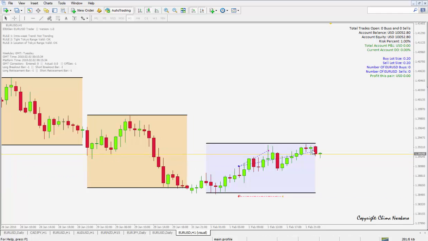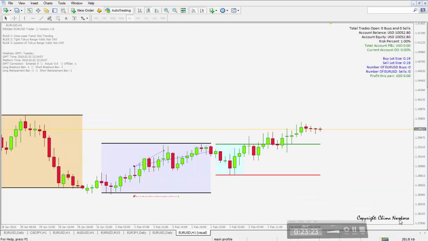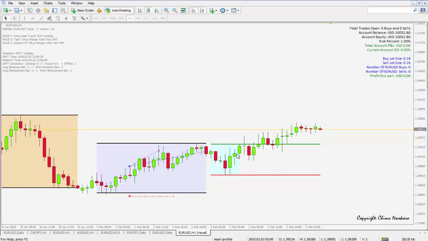And so the day closed with about 25 pips for both trades, but individual two trades of 25 pips, 50 pips. Very good. Without the end of day close, that trade would have still been on and have made more profit than the previous day.